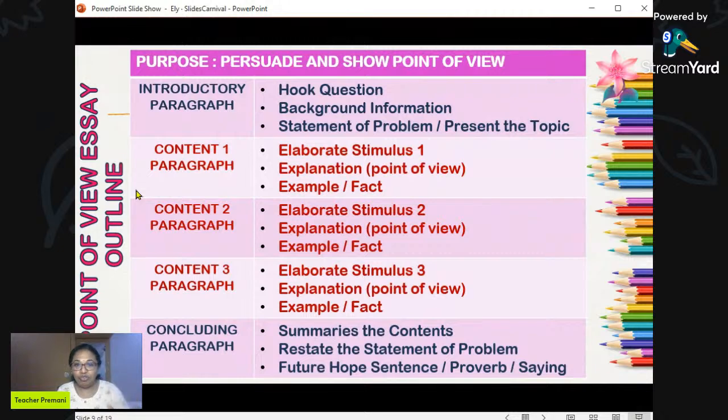So let us see. So for the introductory paragraph, you got to put a hook question, one or at most two, but advisable one. Okay, next, you give the background information. Background information is actually to answer the hook question. All right, you give the answer for the question, but not like a comprehension answer, but in a more professional way.